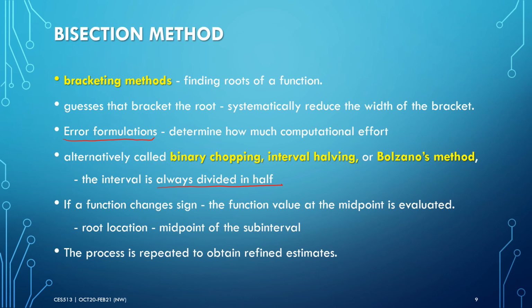Okay, if a function changes sign over an interval, the function value at the midpoint is evaluated. So the location of the root is then determined as lying at the midpoint of the sub-interval. And then the process is repeated to obtain refined estimates.